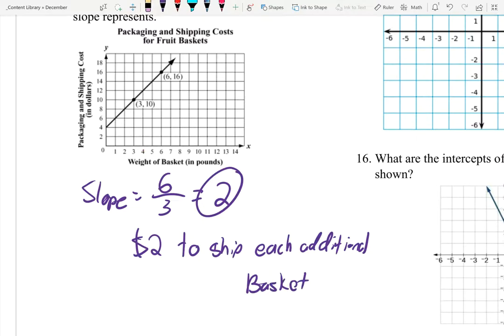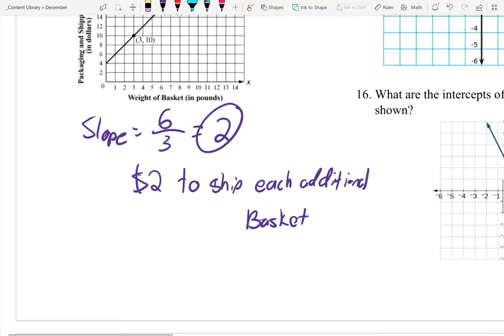Right? I mean, think about it. One basket costs $6 to ship. The second basket costs $8 to ship. So for every additional basket, it's an additional $2 to ship. So it must be $2 per basket, essentially. $2 per basket to ship.